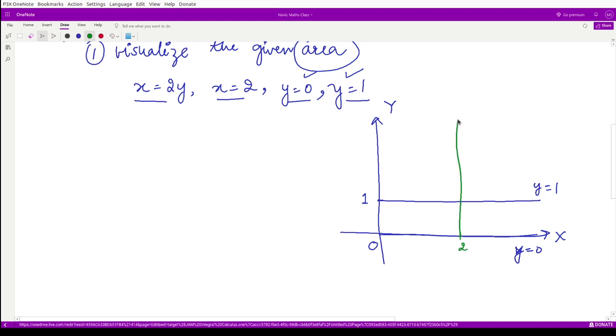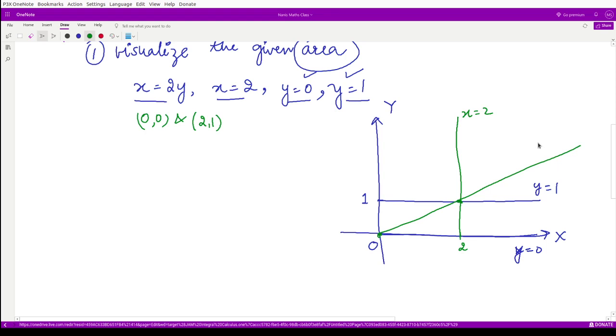So x is equal to 2 would be this line, and for x is equal to 2y, it passes through the point 0, 0, and it also passes through the point 2, 1. Whenever you substitute x as 2, the value of y is 1. So your line passes exactly through these 2 points.